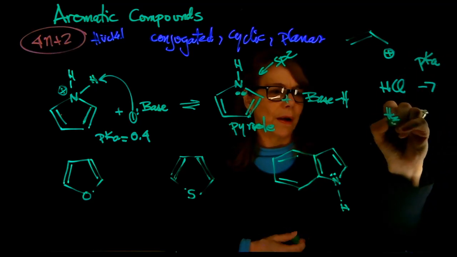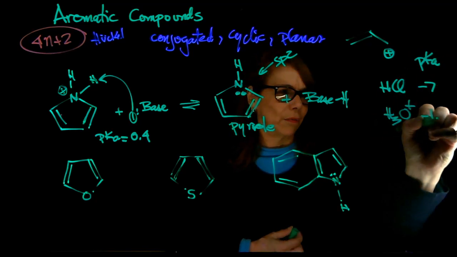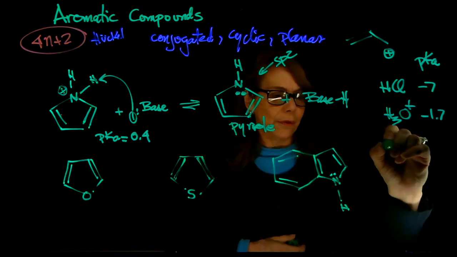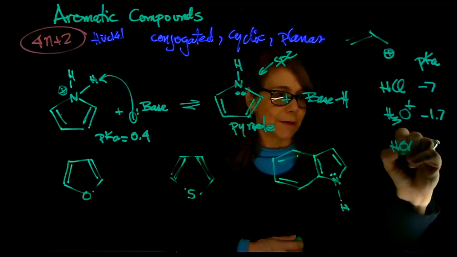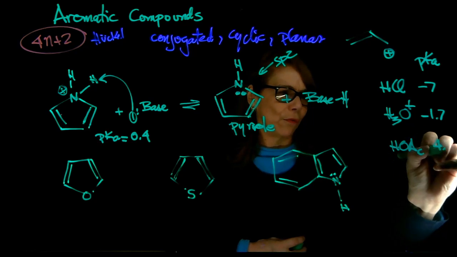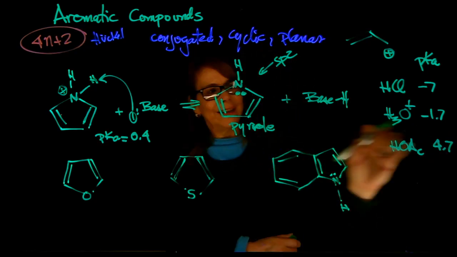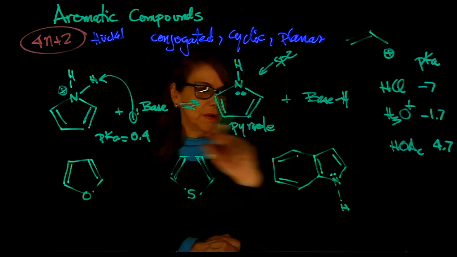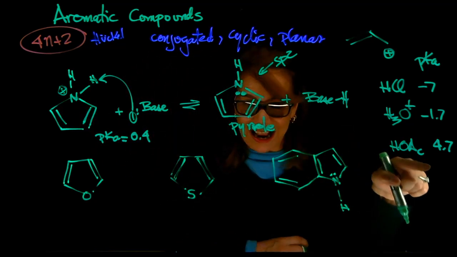Hydronium ion is -1.7, and so on. But acetic acid is 4.7. And so the conjugate acid of pyrrole is much more acidic than acetic acid.